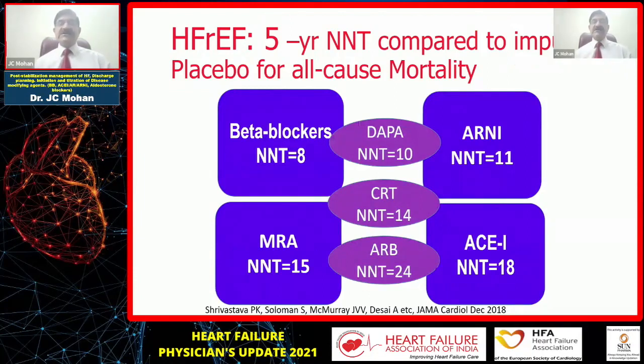Why do we need to target all these pathways? Recent data suggests that for all-cause mortality, the 5-year NNT actually is lowest if you use beta blockers, an SGLT2 inhibitor like dapagliflozin, and of course ARNI, followed by MRA, and then of course there is a role of devices. So what is important here are beta blockers, ARNI, SGLT2 inhibitors, and MRA.